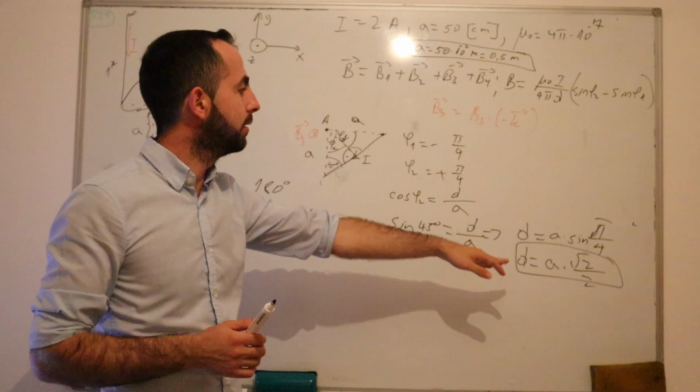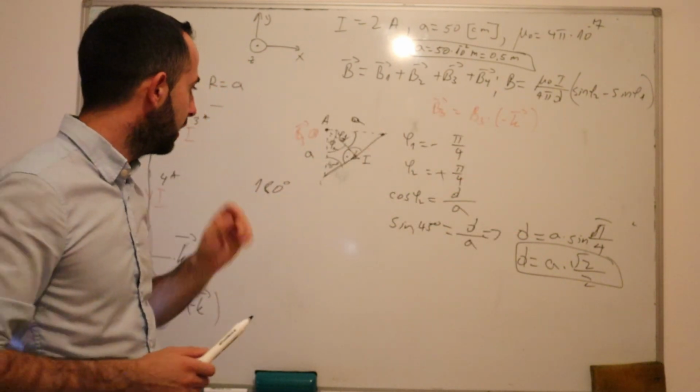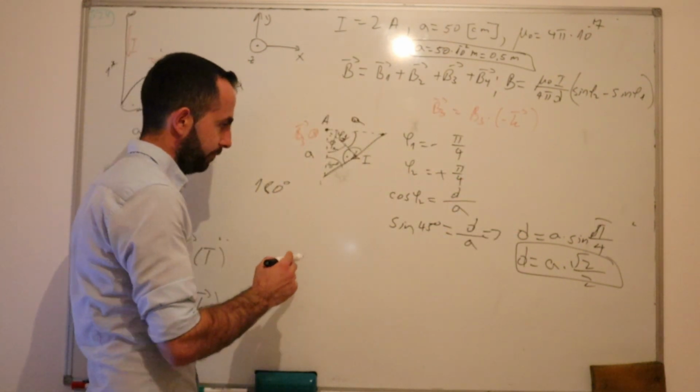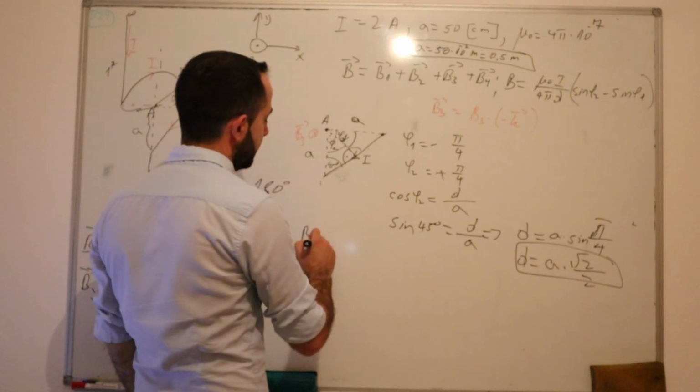We have angles, we have a distance, so we can calculate our magnetic flux density.